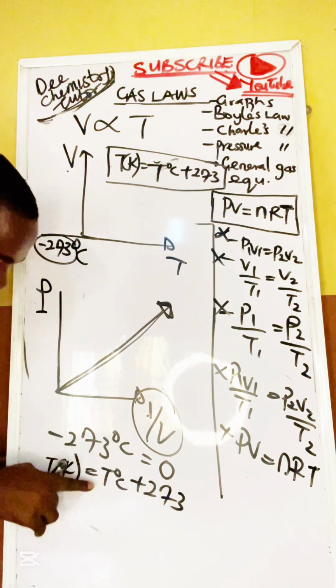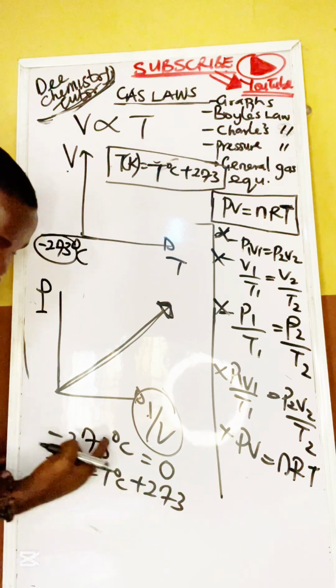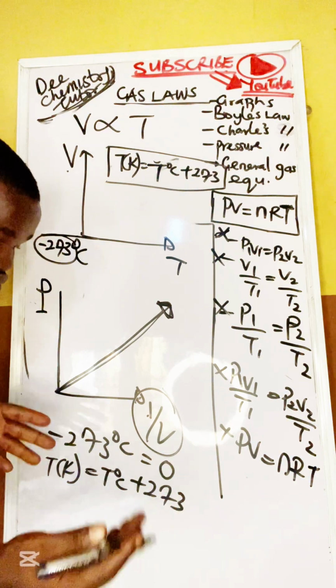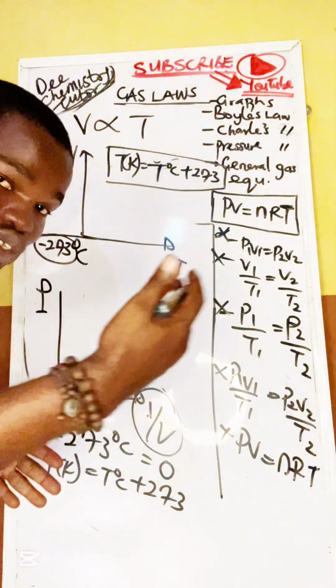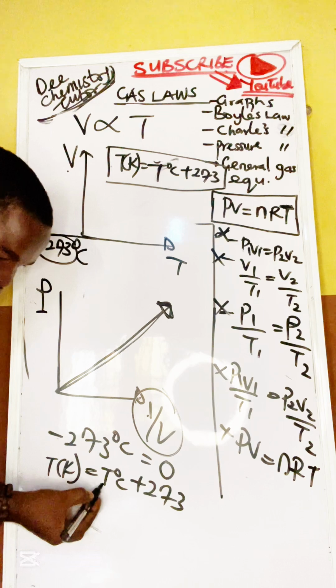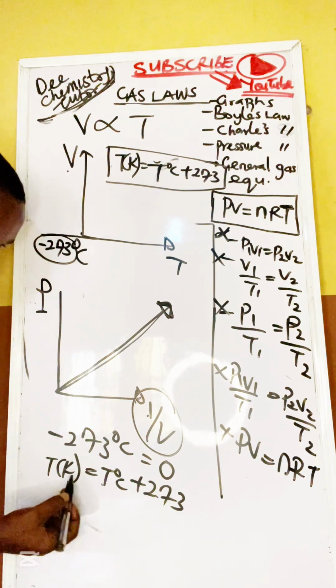Actually, it is not exactly 273, it is 273.15. If you get to university, when you get to advanced level, but for your level, this is what they do. So take it like this. If I add that here, minus 273 plus 273 will give 0 Kelvin. So it's equivalent.